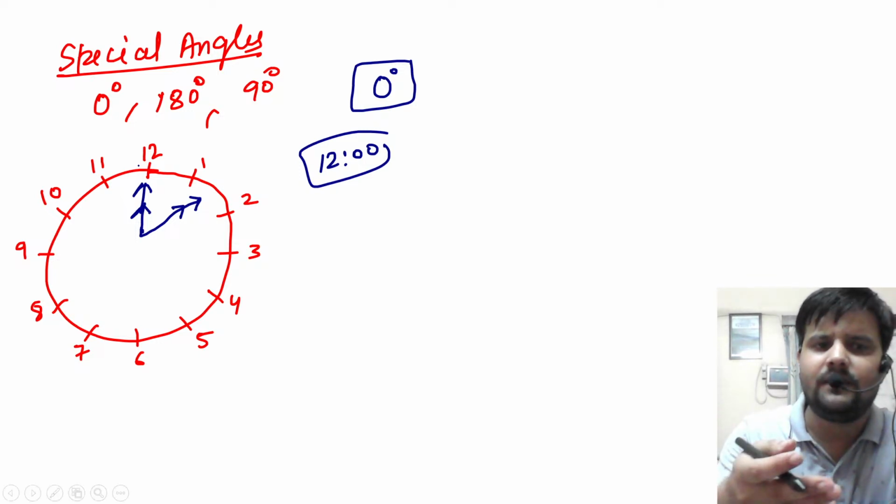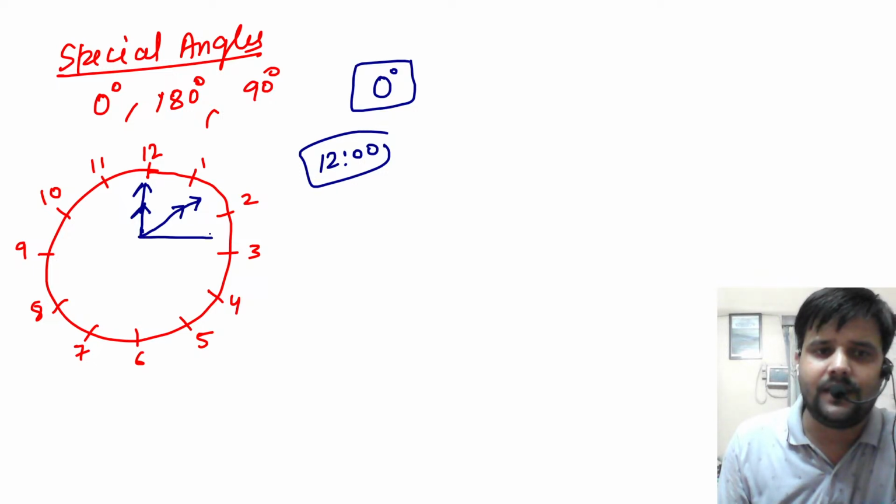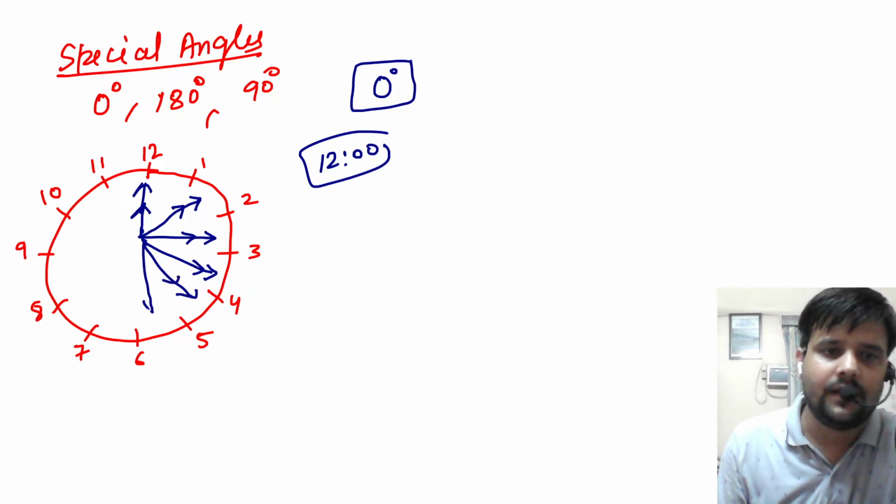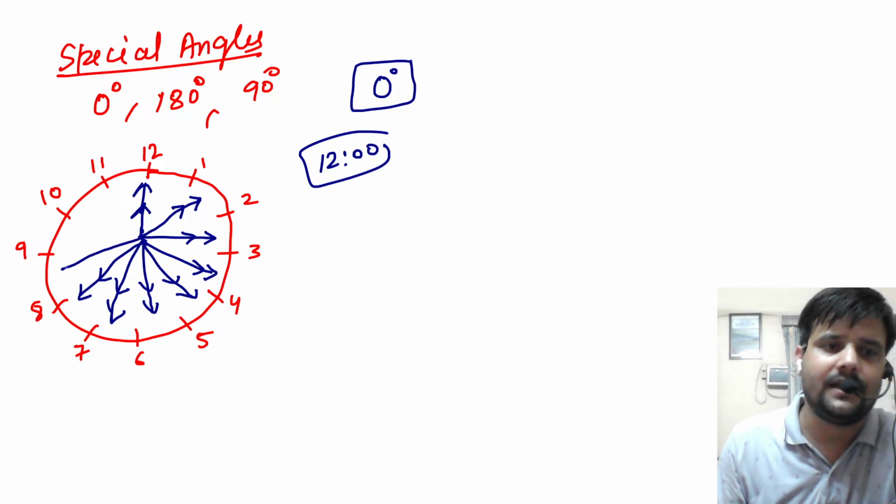After 1, they will meet somewhere. Just like that, they will meet here, and here also. So they will be meeting only between the numbers, not exactly at the numbers.